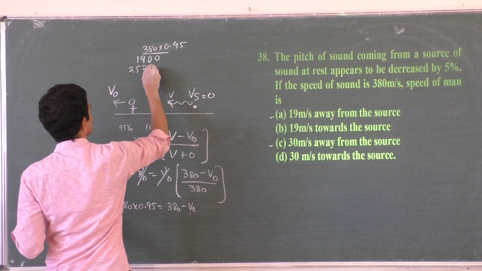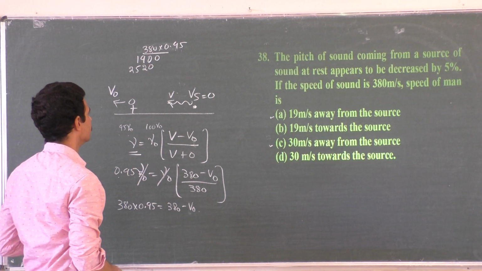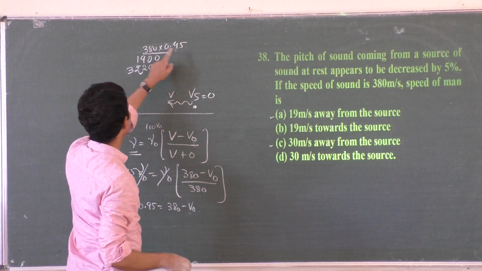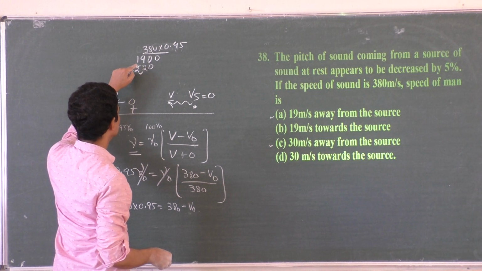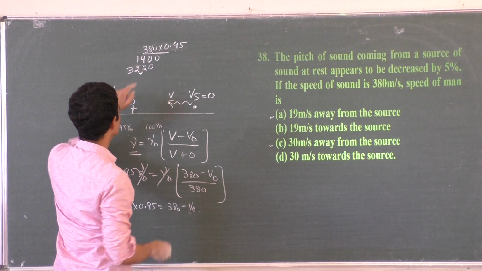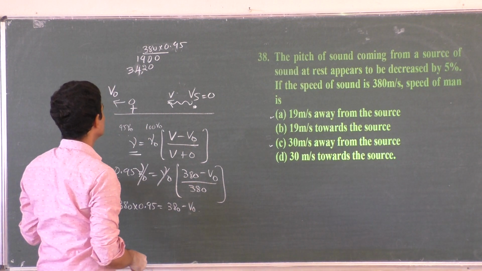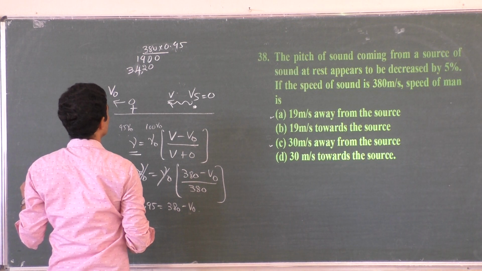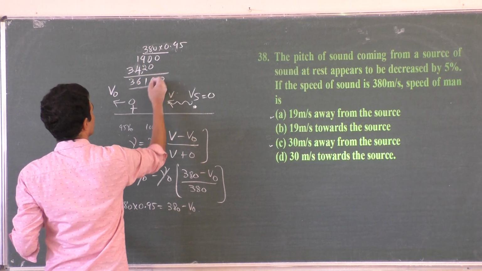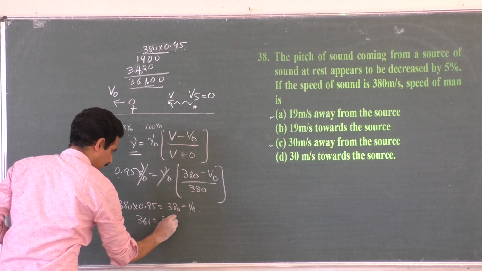Right? 9, 0, 72, 32, correct? 11, 6, 3, and 2 places, 361. 361 is equal to 380 minus V naught.